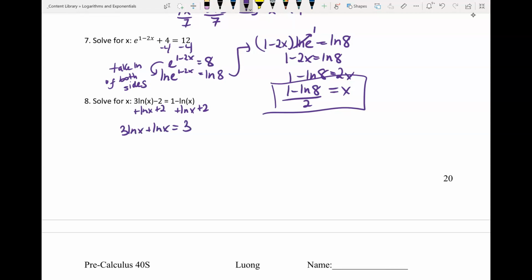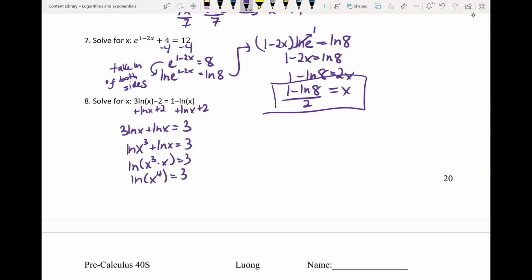Now I'm going to combine our ln x's, but I need to bring this 3 in first using our power rule. Now I'm going to use the product rule and simplify.